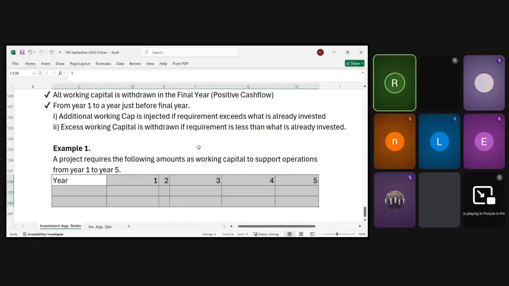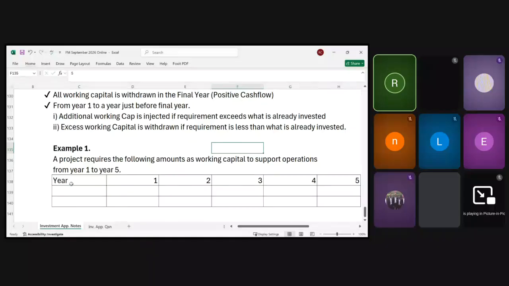All right, cash working capital. In year 1, I require 375,000. In year 2, I require 289,000. In year 3, I require 425,000. In year 4, I require 384,000.